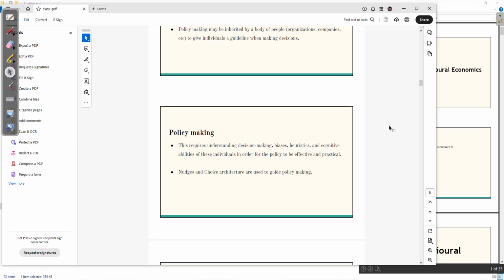Now this requires understanding decision making biases, heuristics, and cognitive abilities of individuals in order for the policy to be effective and practical. You should understand the decision making processes and what impacts decision making. When you're making a policy, you should be mindful of how a person will actually think or behave, so that you can include those factors in your policy making.